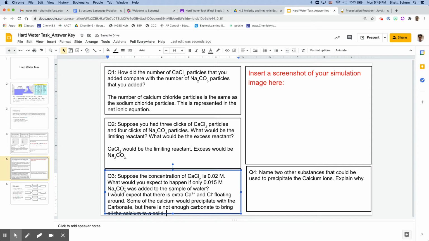That's just because you have less sodium carbonate, and over here we established that you need the same amount.